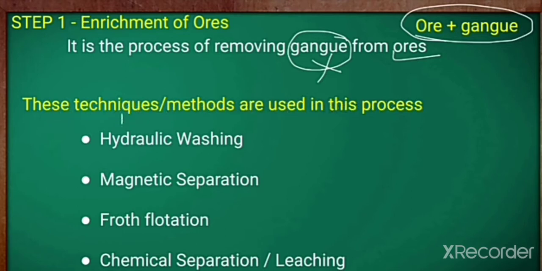It attracts the iron to the belt, and the mud is separated from it. Fourth, flotation and chemical separation. While treating with the chemical, the metals are separated.